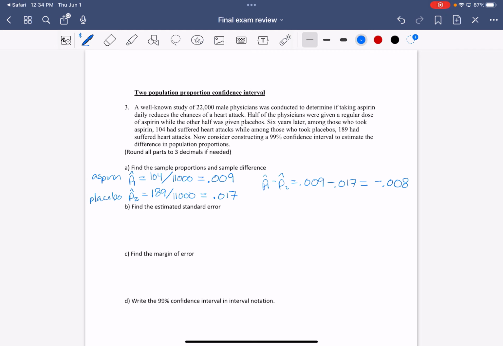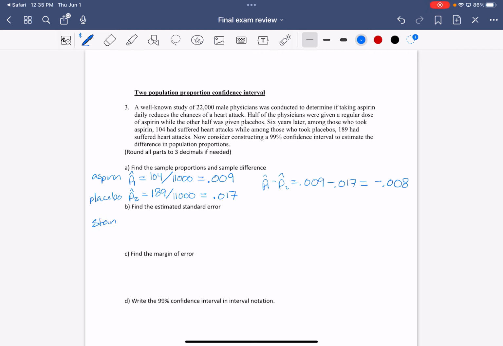Okay, so part B. Find the estimated standard error. This formula is on your formula sheet. Still the formula sheet from exam 1, but now go on the back side of it where it says unit 7. Okay, unit 7, confidence intervals, because that's what we're solving for, right? And if you look there, it says what the standard error is.